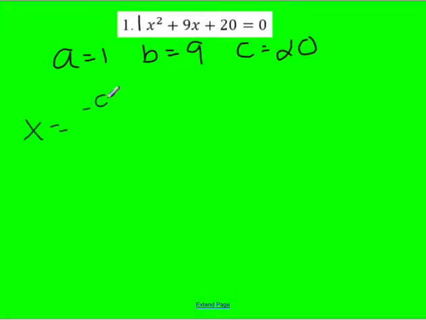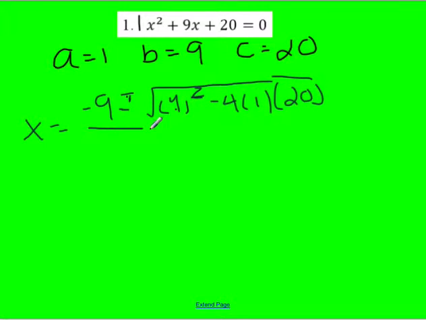So we get the opposite of b, plus or minus the square root of b squared, well, b squared is going to be 9 squared, minus 4 times a times c, all over 2 times a.